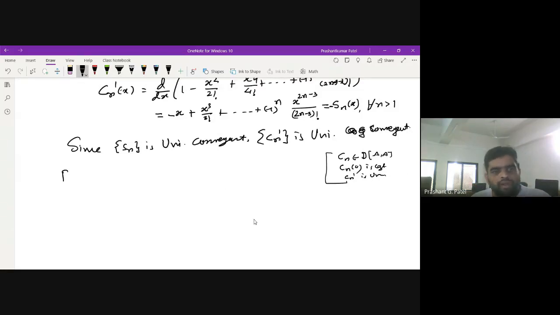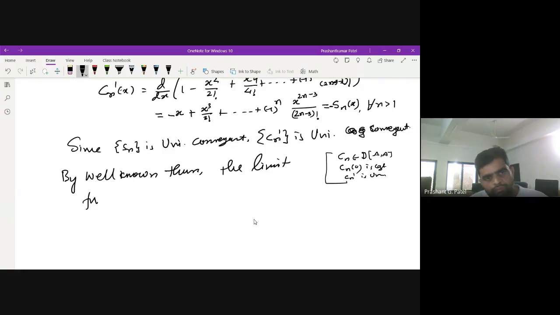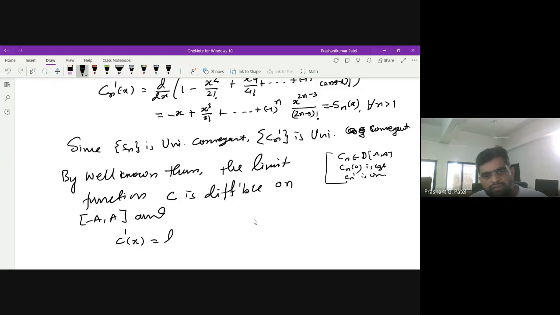So by a well-known theorem, which I have stated here, the limit function C is differentiable on minus a to a, and C dash of x will be the limit of Cn dash of x as n tends to infinity.